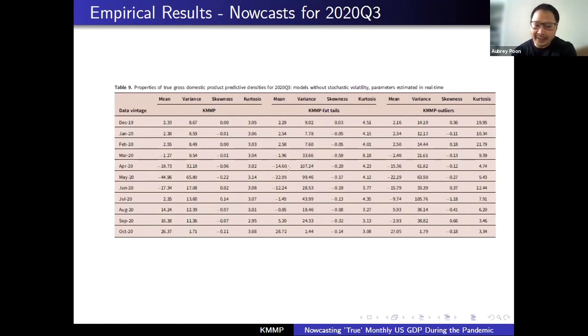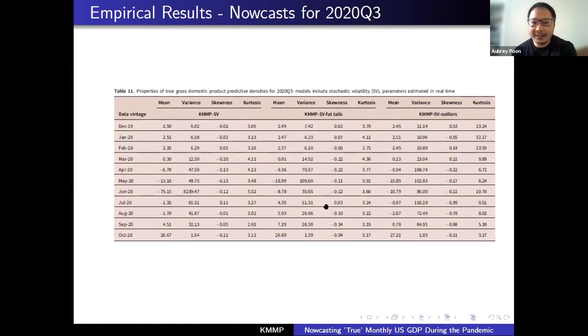So this is saying, again, the nowcast for true GDP is quite uncertain during those periods. And this is the SV. Again, we get some crazy numbers for June. So again, there's a lot of uncertainty with it.